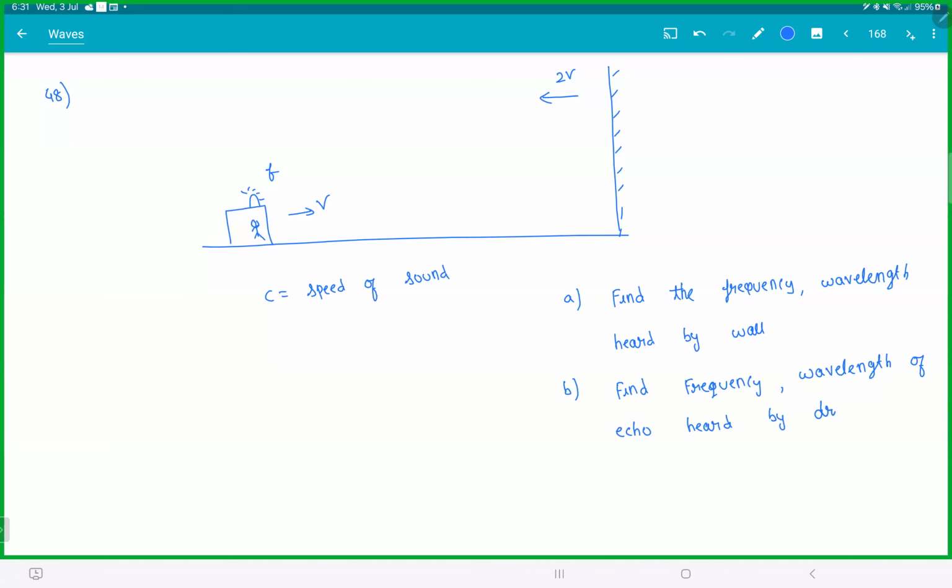So after hitting the wall, the sound will come back, no? And find the number of beats heard by the driver. So the driver is going to hear two different frequencies. So there'll be beats. Let's get this.